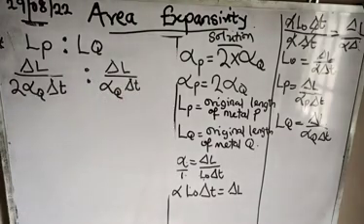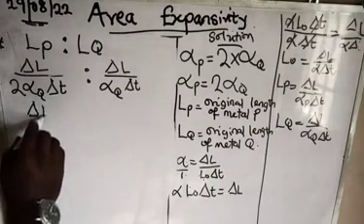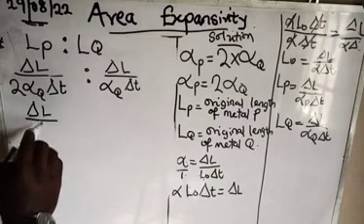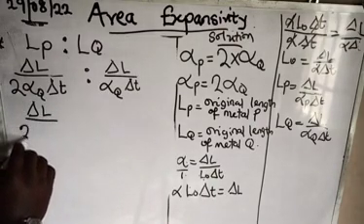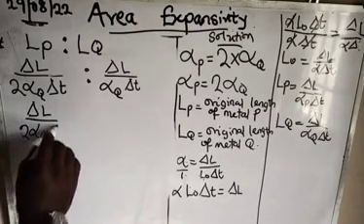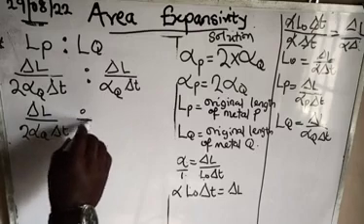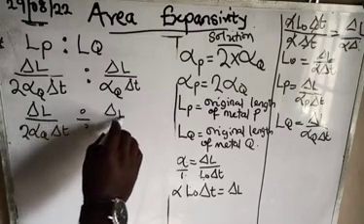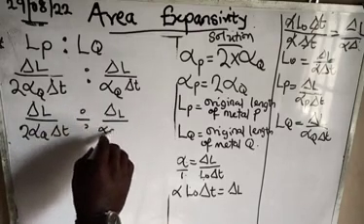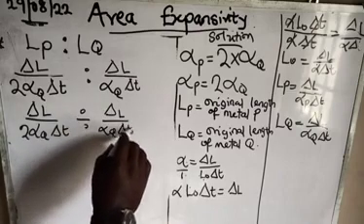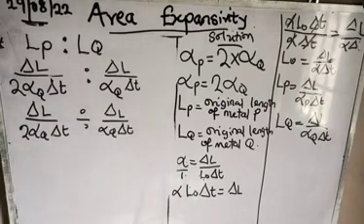Remember that ratio also means division. I can write it as change in L all over 2 alpha Q change in T divided by change in L all over alpha Q change in T. Change the division to multiplication.